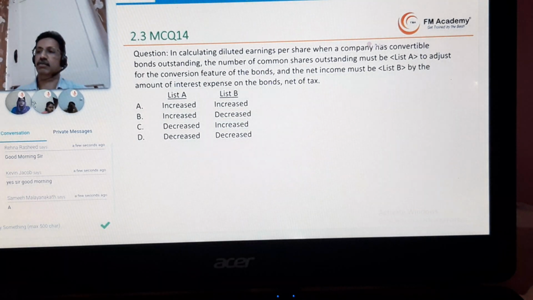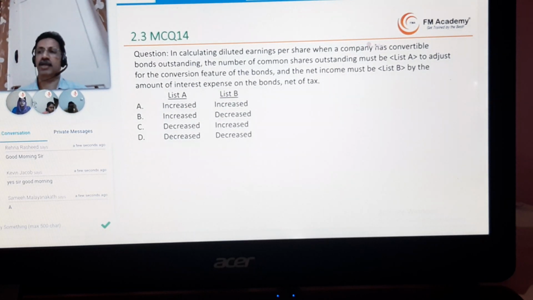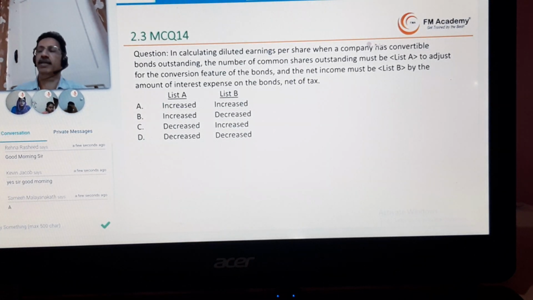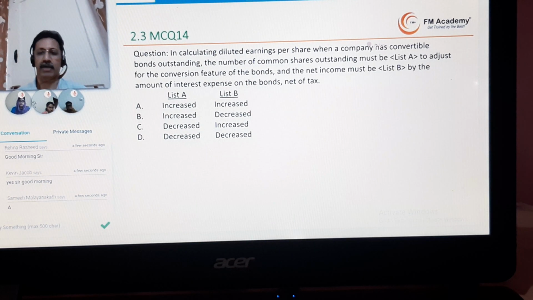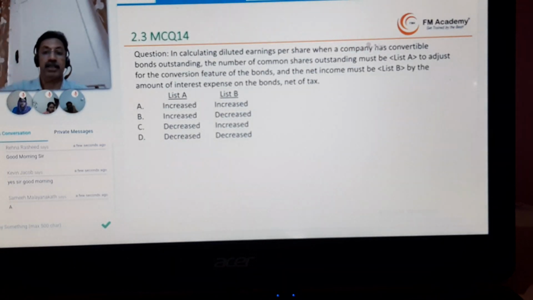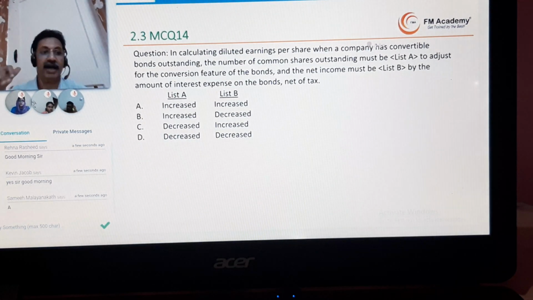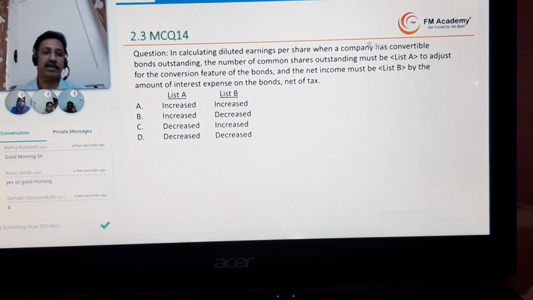If these bonds or convertible instruments are converted, then you will not be paying the interest, so you will be adding back the after tax interest. If it's a preferred stock getting converted, you will be adding back the preferred dividend which you have subtracted already in the BEPS computation.